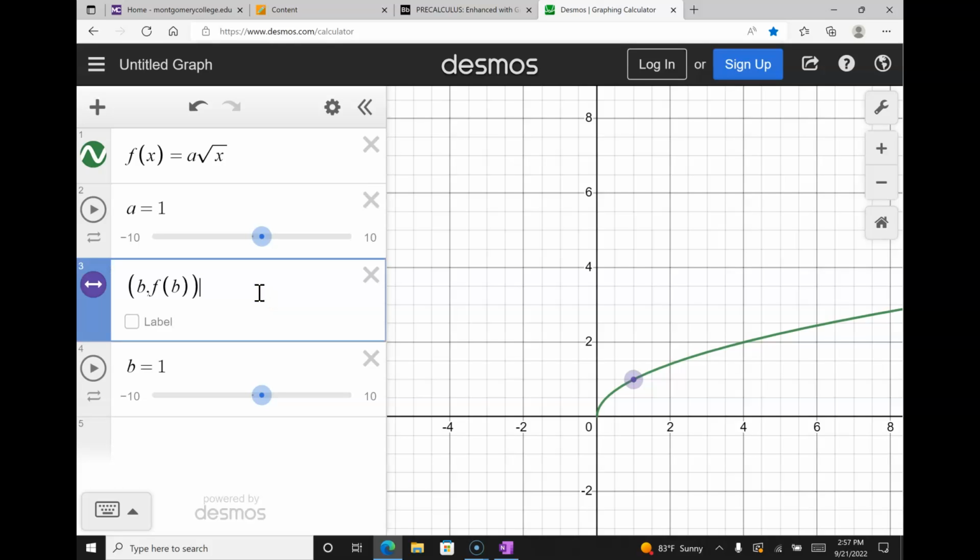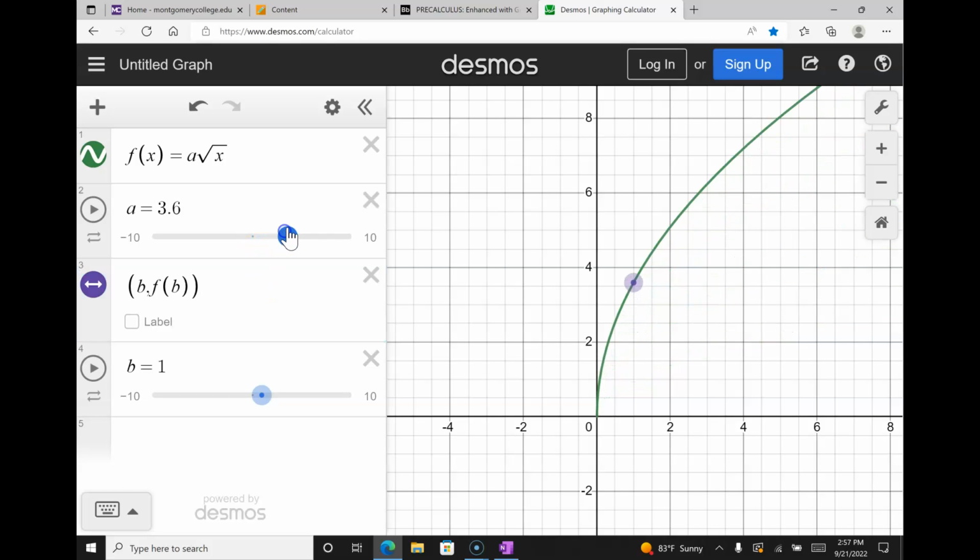Now all I'm hoping to see is that that point just moves straight up as I move a up. Is that making sense? So here we go. Yes. So when I'm multiplying by something on the exterior, I'm either stretching or compressing the function. All right, see if you can copy that and play around with it and see what's going on.